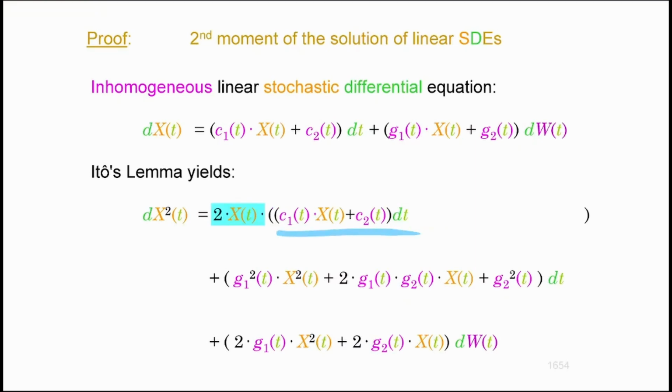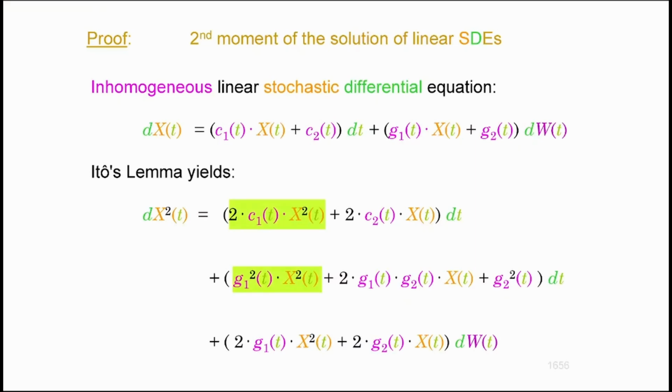So 2x times c1 times x yields 2x squared c1. And then you have 2x times c2. So that's what you're about to see. Okay, now everything is ready. So now I'm going to do some grouping.